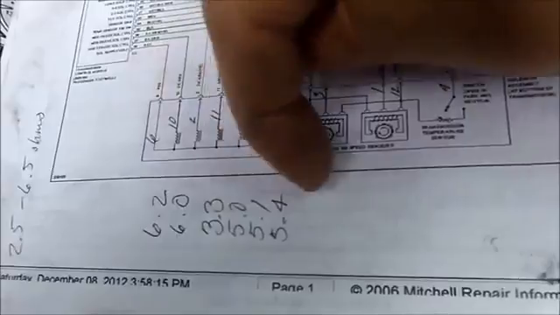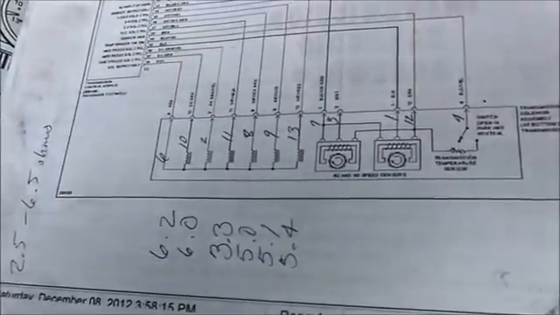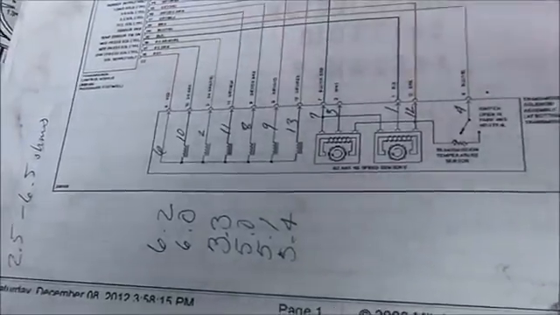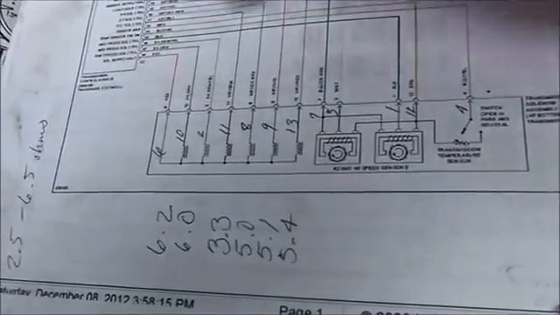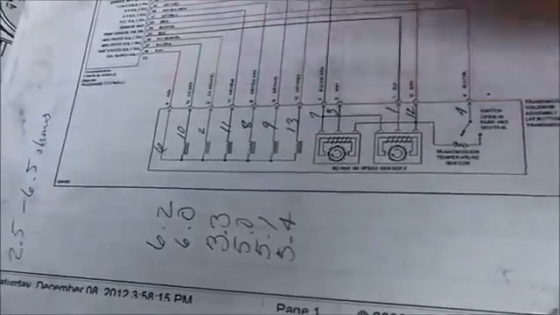The rest of them should be close enough, 2.5 to 6.5 ohms, and all these solenoids are within range, so we don't have an issue with the solenoids. Our issue here is going to be with the transmission control module.